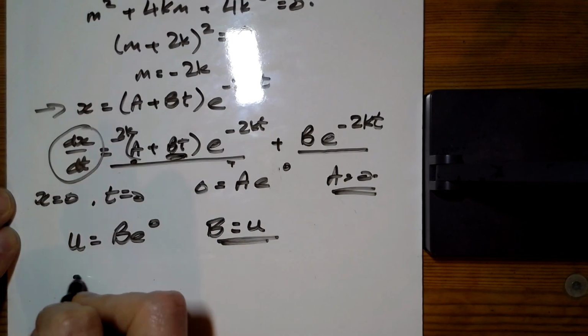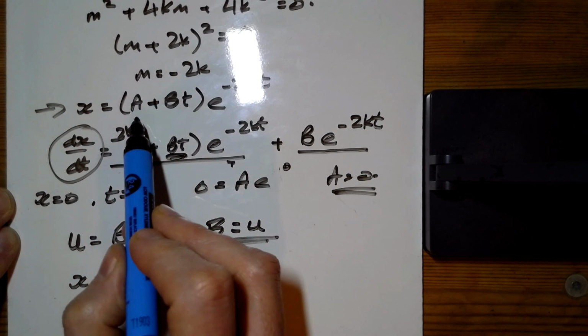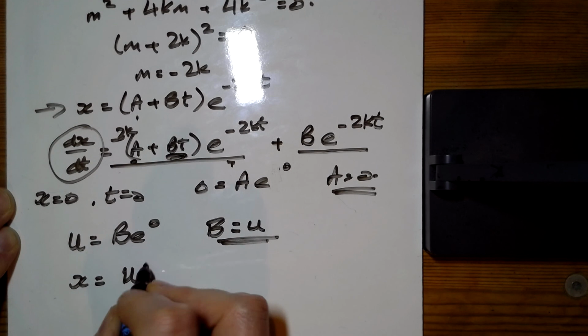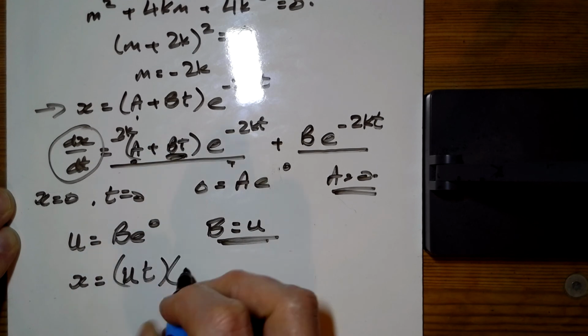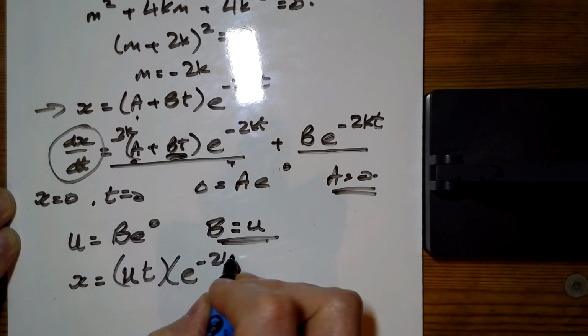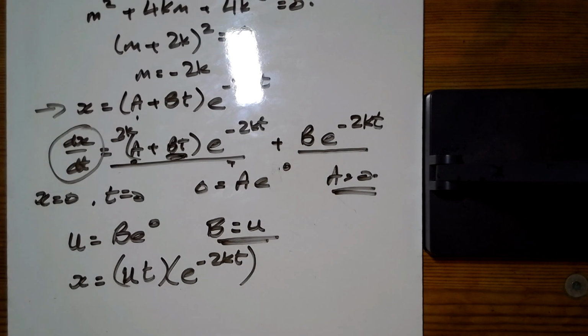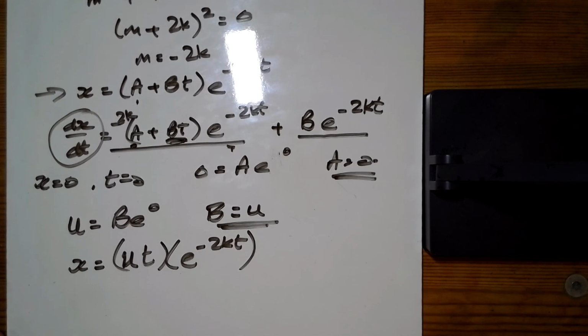So we've got ut times by e to the minus kt. I think that is my answer there, isn't it?